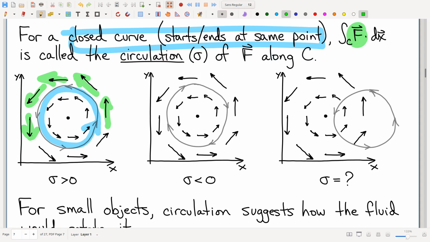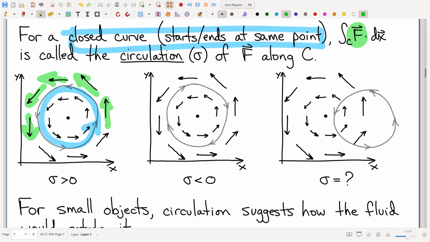And I have to tell you, I see a lot of that in this picture. The fluid is flowing exactly along the curve, and as the curve changes its direction, the fluid likewise changes its direction. So we're picking up a lot of line integral everywhere along this curve.